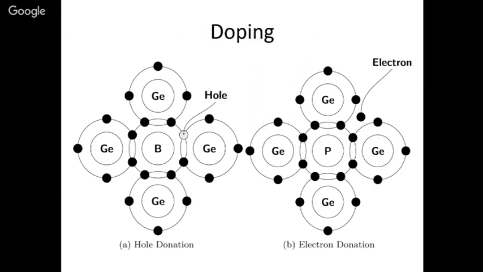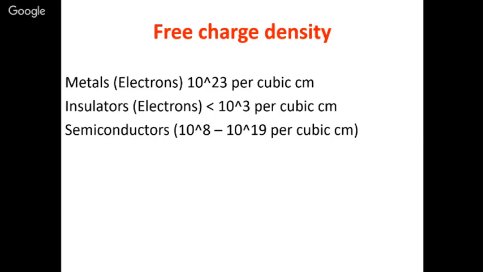The reason is, in case of metals, it is already flooded with electrons. Metals have around 10 to the power 23 electrons per cubic centimeter.